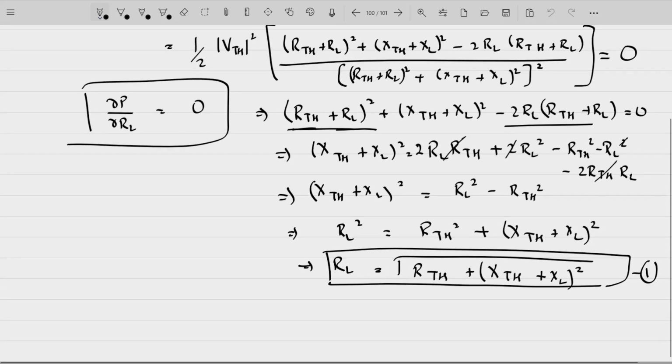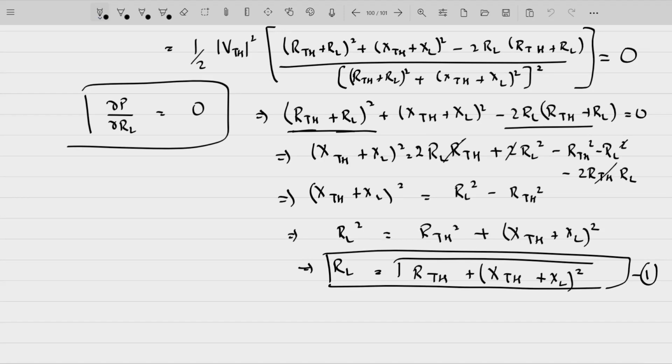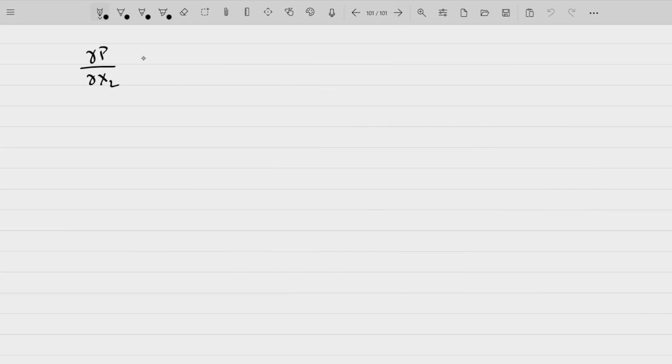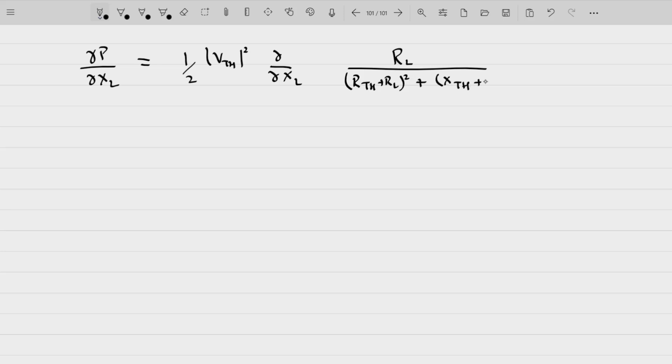Now, substitute. Under root, RTH square. dP by dXL, that means 1/2 of VTH square, partial derivative with respect to XL of RL divided by (RTH plus RL) square plus (XTH plus XL) square, which implies 1/2 of VTH square.